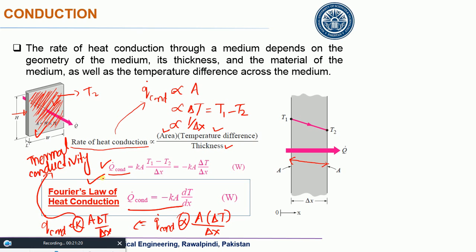This law is known as Fourier law of heat conduction, and whenever you try to model heat through conduction, you would use this relation for conduction problems. Now let me write down this Fourier law of heat conduction in a more generic form.